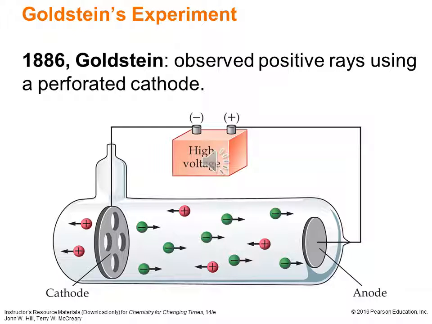All right, now we back up a few years to the 1886 Goldstein experiment, which showed that in addition to the negatively charged cathode rays, there could also be observed some positively charged rays when the cathode was perforated.